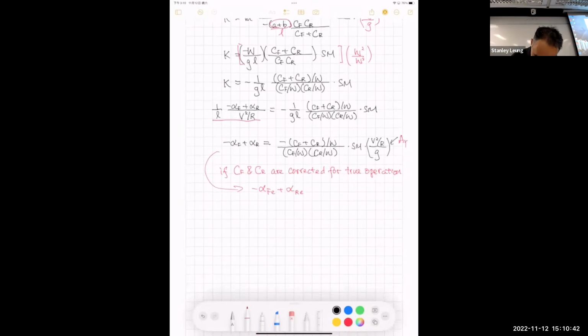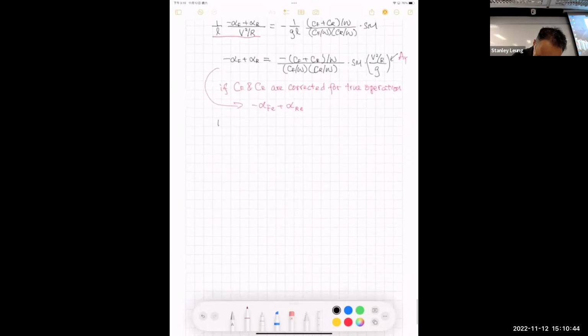So we have another concept, we call it cornering compliance, which is developed from this.